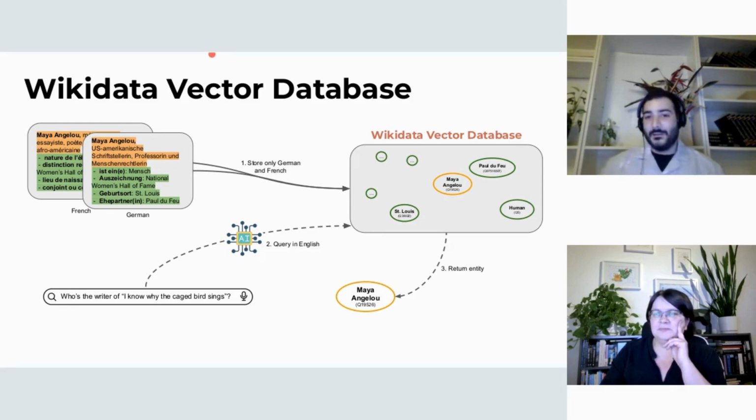DataStax have been really supportive in building this project. It would have been very costly, and we don't have the resources to build it ourselves, and they were happy to provide us with the infrastructure for free. So that's why we're working with them and doing this collaboration.